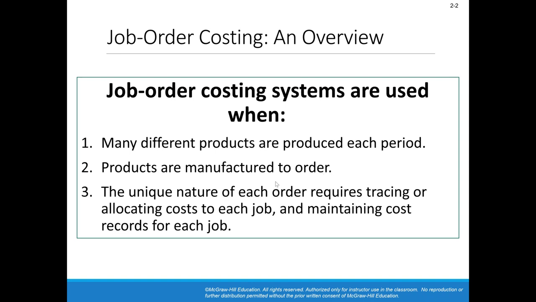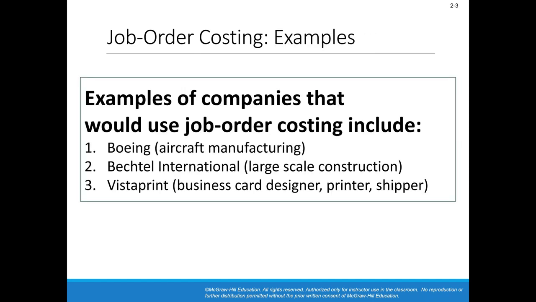And so in paint, you could say, well, I'm going to make this type of paint, and then I'm going to make this type of paint. But of course, all of that paint would be similar. You could have custom furniture that you were building, something along those lines. Boeing, aircraft manufacturing, they make these big planes.